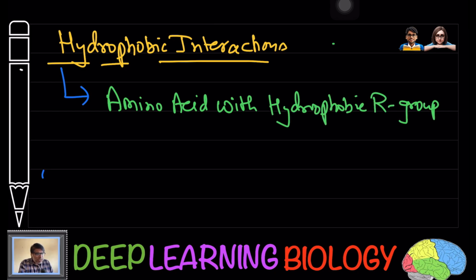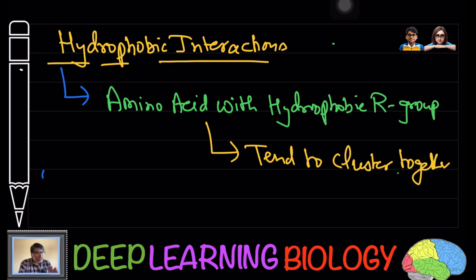Amino acids which have a hydrophobic R group will tend to cluster together. Due to hydrophobic interaction, the amino acids with hydrophobic R group will be present within the protein and they will be present together.